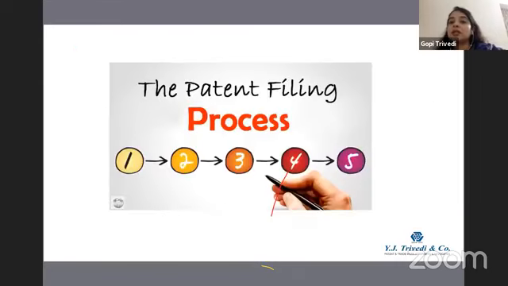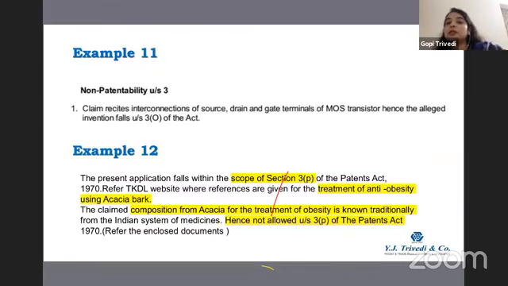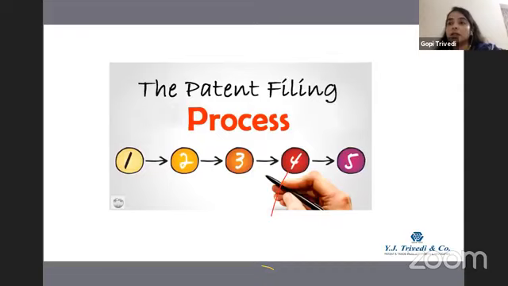So with Section 3, if any of these objections come, then patent shall not be granted at all. So before filing a patent, we as attorneys make sure that the given invention does not fall under any of the subsections of Section 3 to ensure the patentability rights.